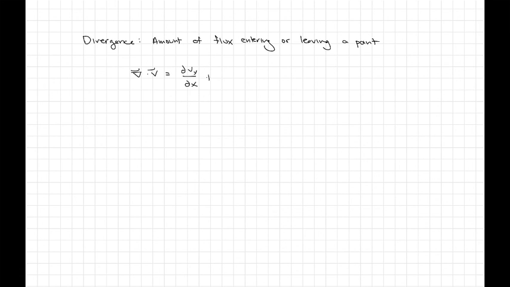I want to take the partial derivative of the components of my vector in every direction, and I'm going to sum them, and I'm going to end up with a scalar value. Okay, so I want to make sure you guys remember that note. The result is a scalar, okay?